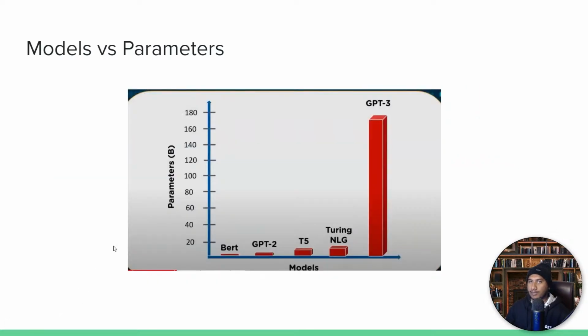Now let me tell you the model versus parameter comparison here. As of now, you have used BART and GPT-2. Before GPT-3 there was another version called GPT-2, the second generation model.